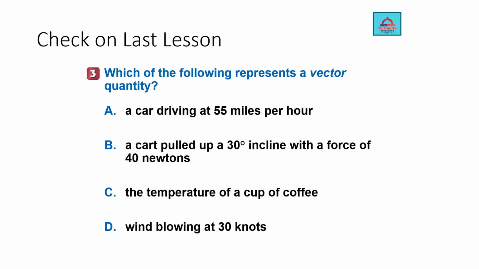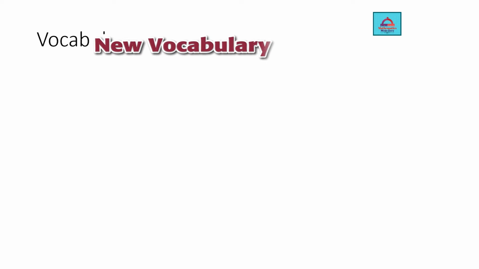However, option B looks like the odd one out, where you are given the magnitude of the force as 40 newtons and the angle at which the force is inclined, which is 30 degrees. So it clearly gives the magnitude and the direction both. So B is your answer. It's a vector quantity, because by definition a vector quantity has both magnitude and direction. So that was an easy one.